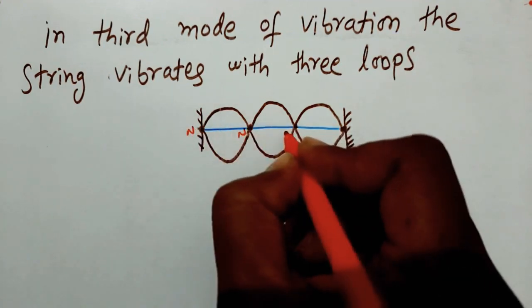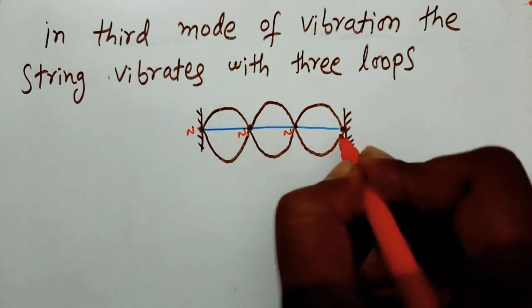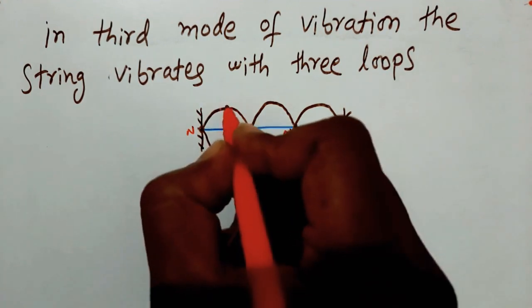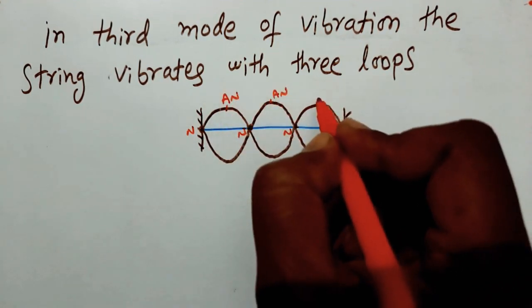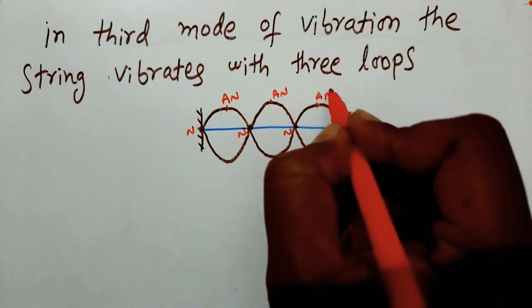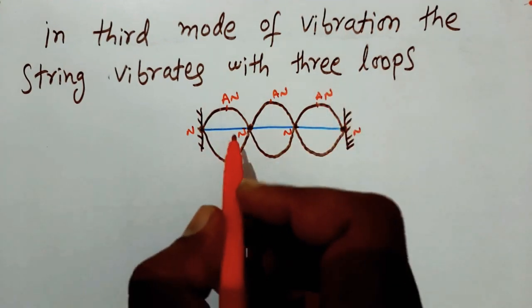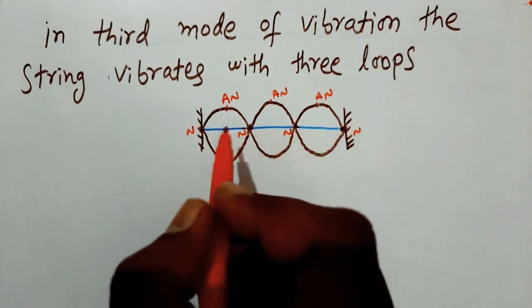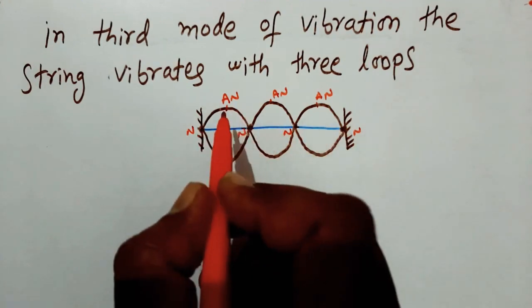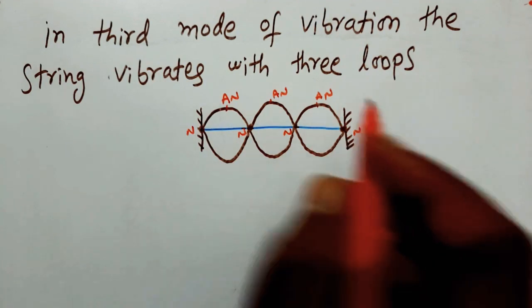Here it is a node, here also a node, here it is a node, here also a node. So this is an antinode, here it is an antinode, here it is an antinode. So when the string vibrates with 3 loops, it has 4 nodes and 3 antinodes.